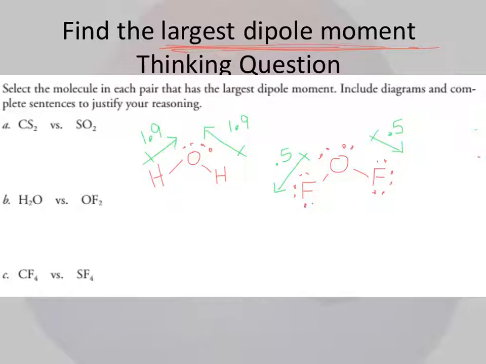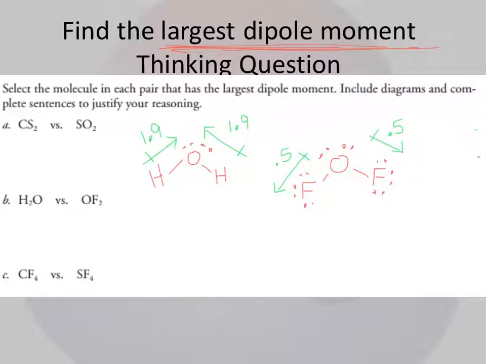All right, so when we get these dipoles in here, hopefully what you're seeing is that on this molecule, the dipoles are basically adding to the lone pair's negative charge up here. Over here, the dipoles are going against this.